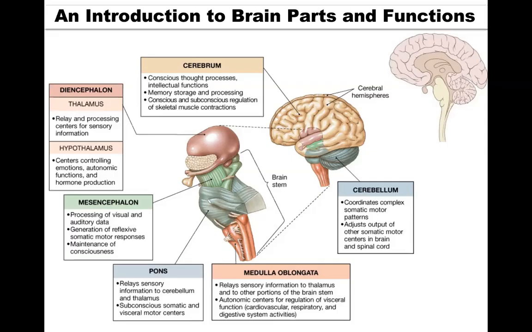Third is the one shown here, the hypothalamus. The word hypo means lower. So it's just below the thalamus, and that's the reason it's known as hypothalamus. It is a center controlling emotions. It is a center where several hormones are produced.